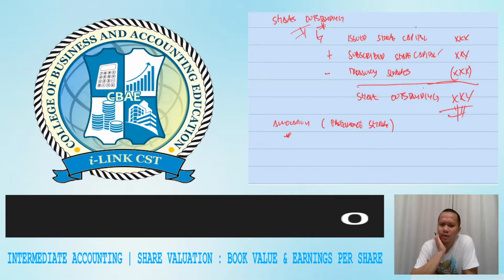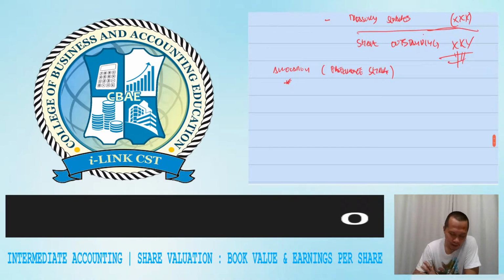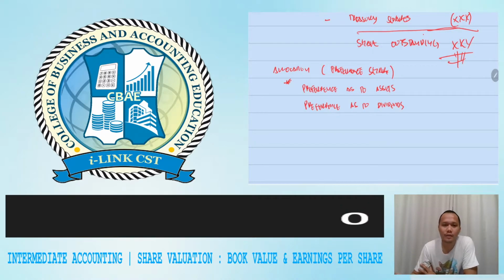Ngayon, when it comes to preference share, a preference share can be a preference as to assets. And it can be a preference as to dividends.